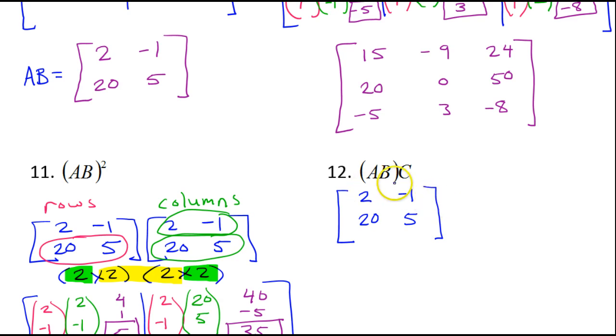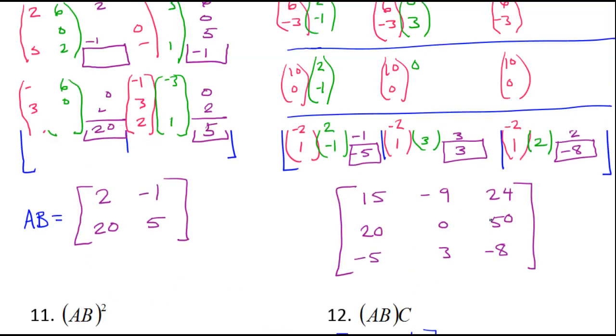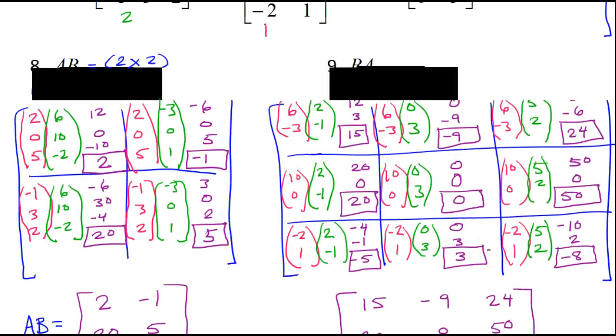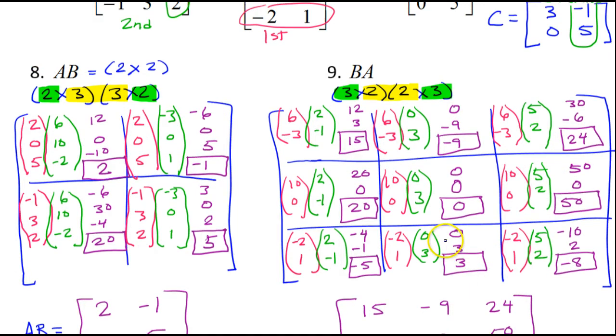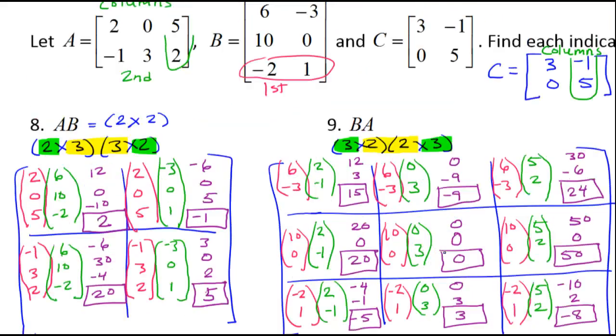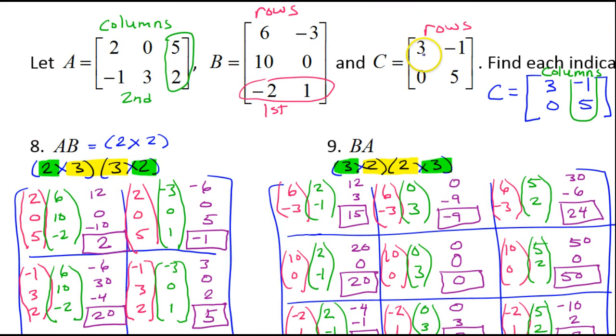So there's AB. Now I need to take this and multiply it times matrix C. So let me look up at the top of the paper and find matrix C. Okay, matrix C is right here. 3, -1, 0, 5.